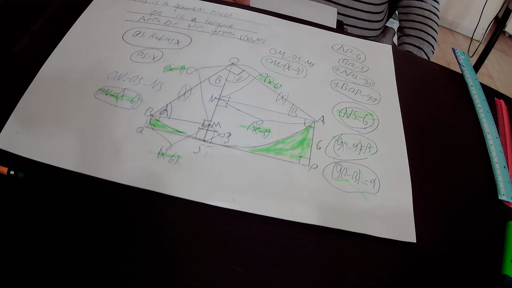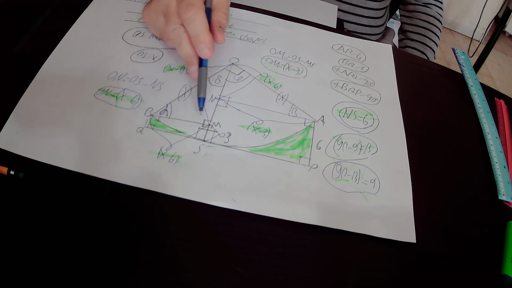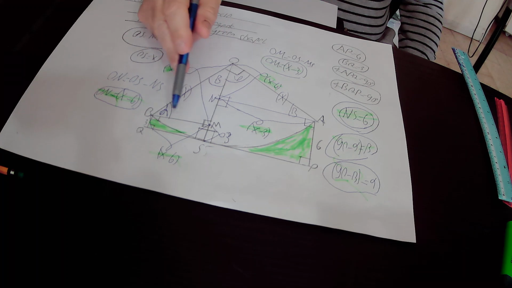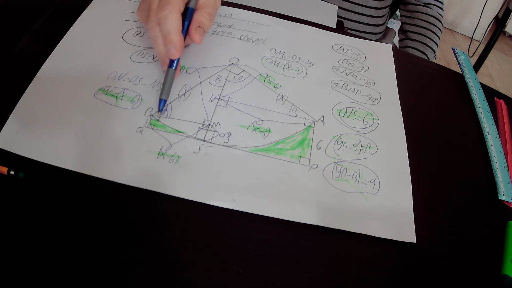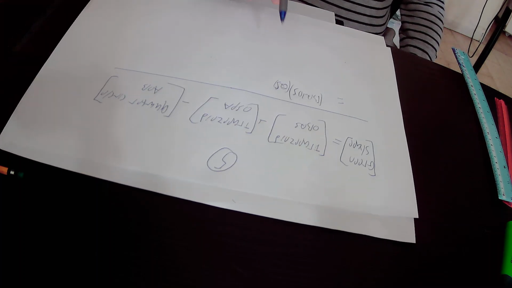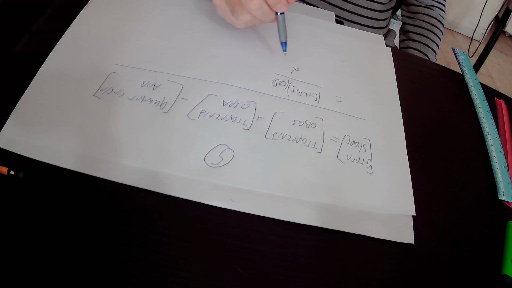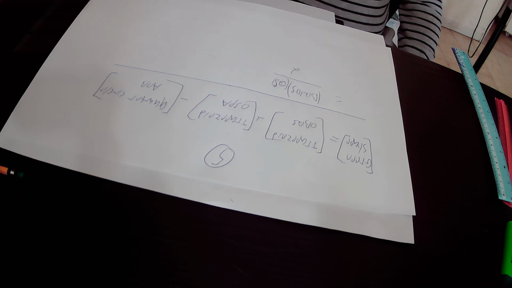Why is the height QS? Because QS creates 90 degrees with the two bases. This angle equals 90 degrees and this angle also equals 90 degrees. So the height is QS over 2. So the sum of the bases times the height over 2 is the area of trapezoid OBQS, plus the area of trapezoid OSPA.